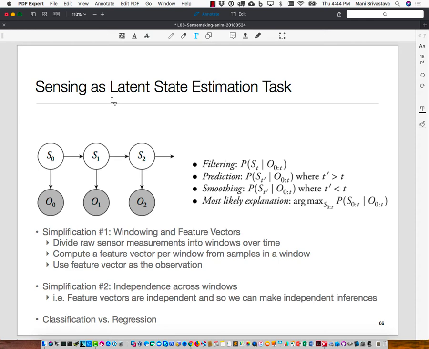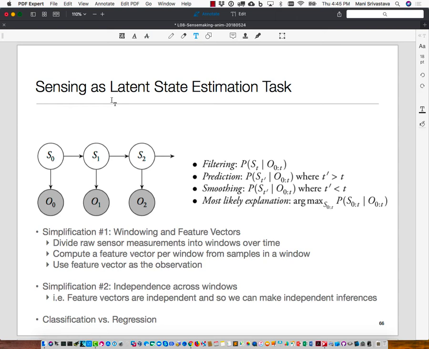Classification and regression are the two broad things that get done. Classification basically refers to my state being drawn from a set of discrete possibilities. In my example, it was sitting, running, biking, stuff like that. There's a finite set of values, and what we are trying to do is say which one it was.